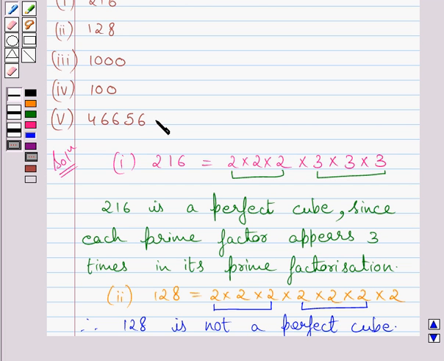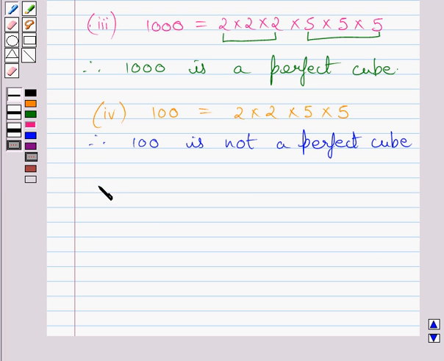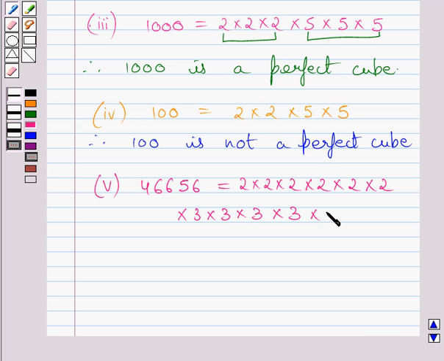Now next given number is 46656. Now prime factorization of 46656 is equal to 2 multiplied by 2 multiplied by 2 multiplied by 2 multiplied by 2 multiplied by 2 multiplied by 3 multiplied by 3 multiplied by 3 multiplied by 3 multiplied by 3 multiplied by 3.